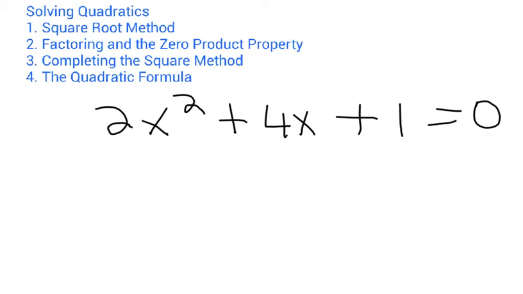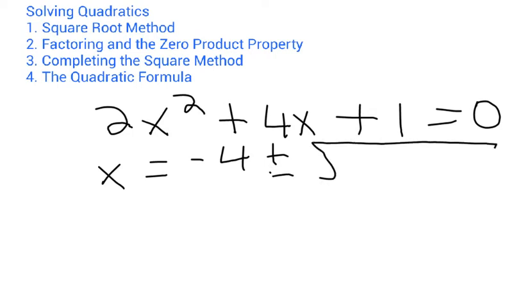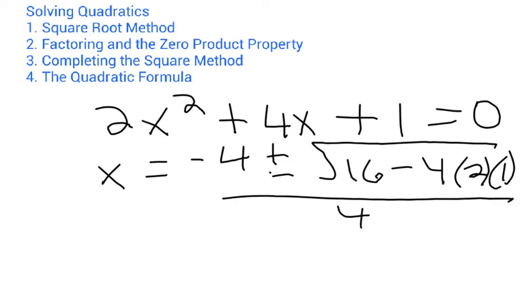In this case, I've got ax squared, in this case 2x squared, plus 4x. So a is 2, b is 4, and c is negative 1. And in using the formula, x would equal negative b, in this case negative 4, plus or minus the square root of b squared, which is 16, minus 4ac, all over 2a, which happens to be 4.